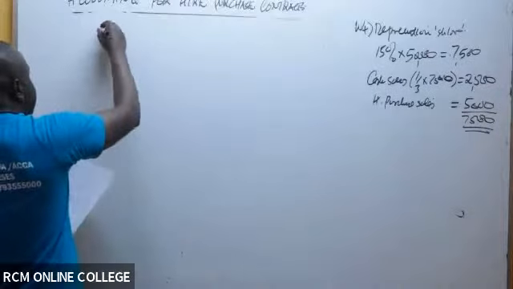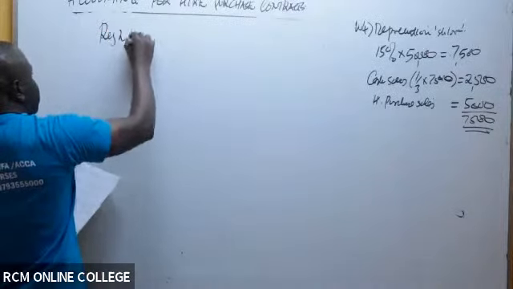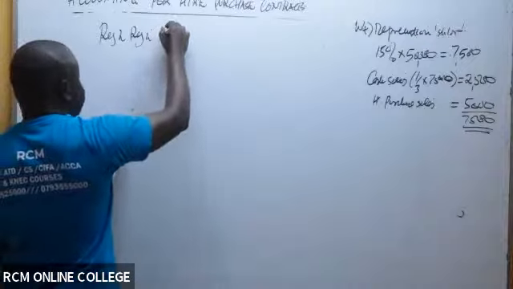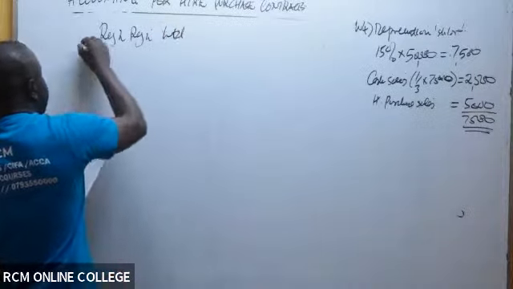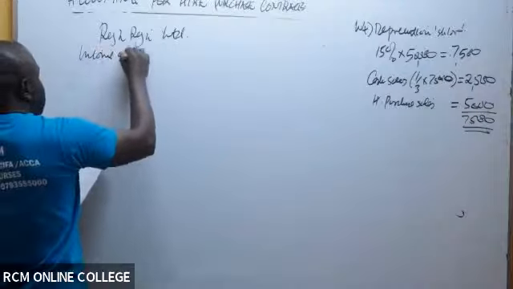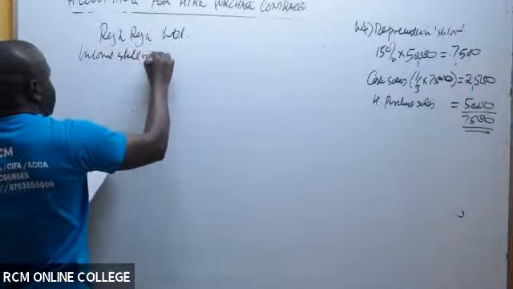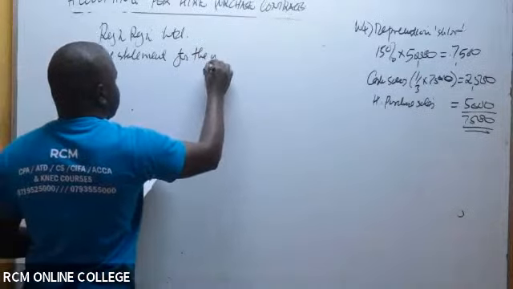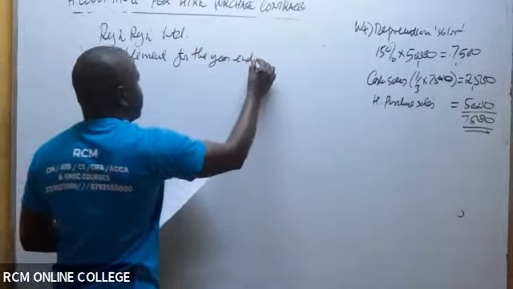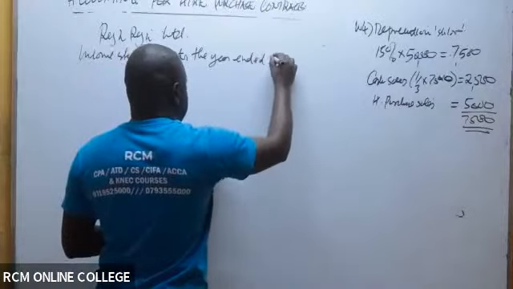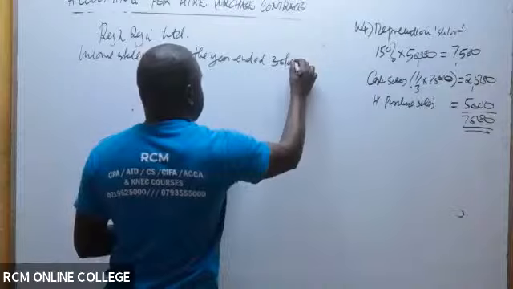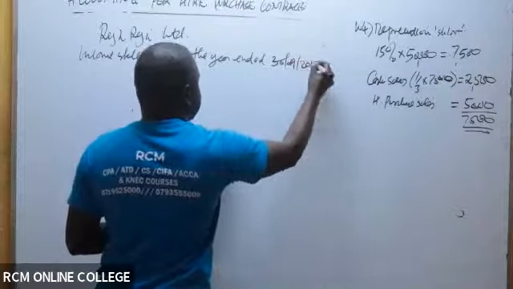So you have Reja Limited. Income statement for the year ended 30th of September 2017.